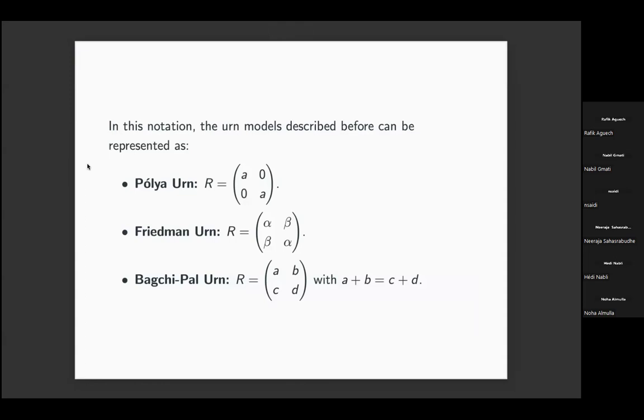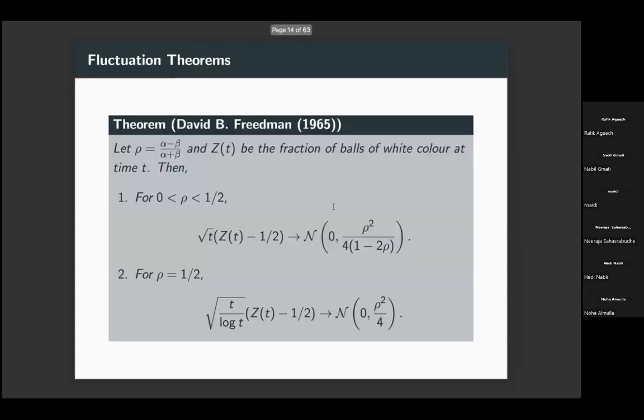So the behavior of these urns depends crucially on the spectral properties of this replacement matrix or the reinforcement matrix. In fact, if I were to scale this matrix by alpha plus beta, so if I divide each term by alpha plus beta, then the row sum becomes 1. So 1 becomes an eigenvalue, and alpha minus beta becomes the smaller eigenvalue, right?